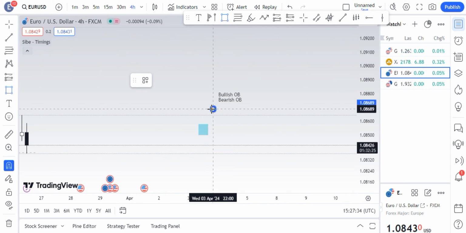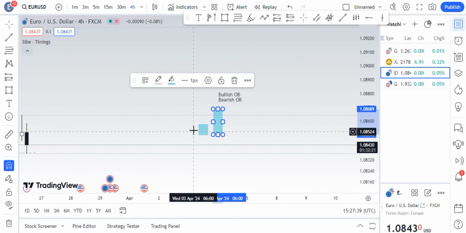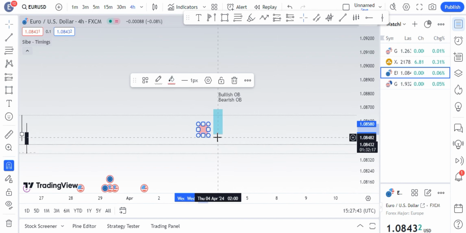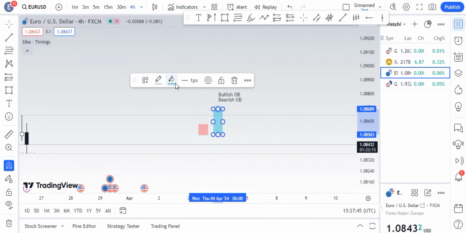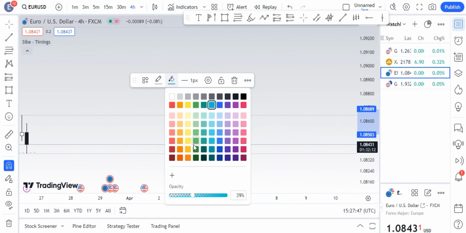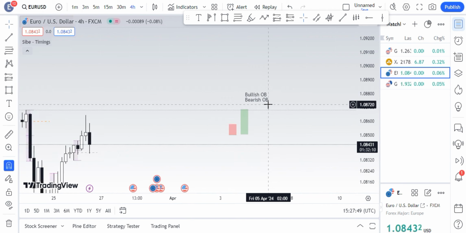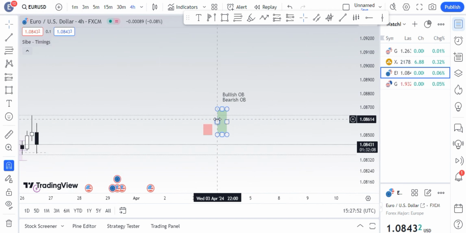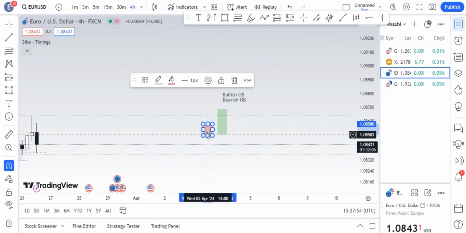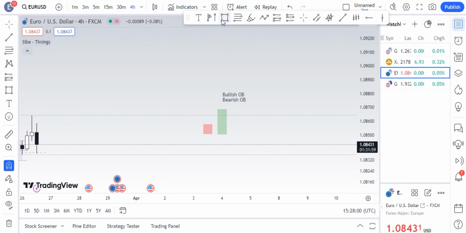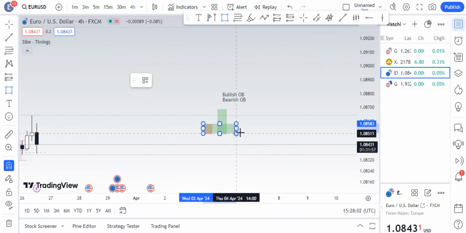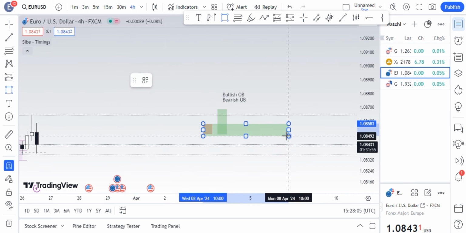I'll change the color soon so we can all follow. Let me change this to red and this to green, the way TradingView traditionally does. So a bullish order block is technically going to be the last down close candle, which is this particular one, the last bearish candle before this bullish move. This is what we will mark as our bullish order block.